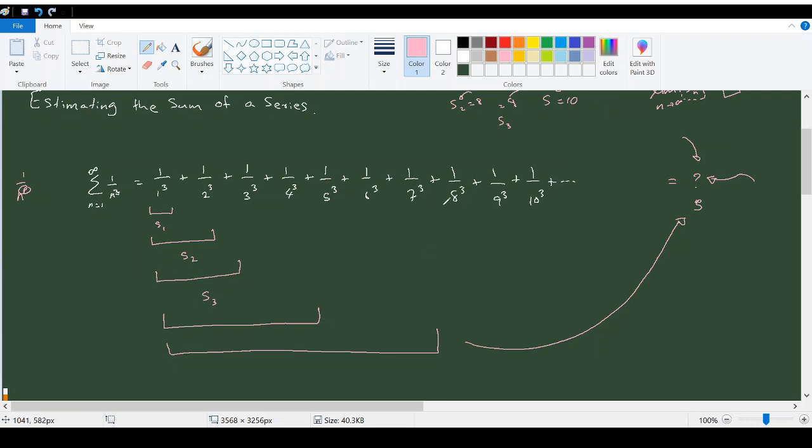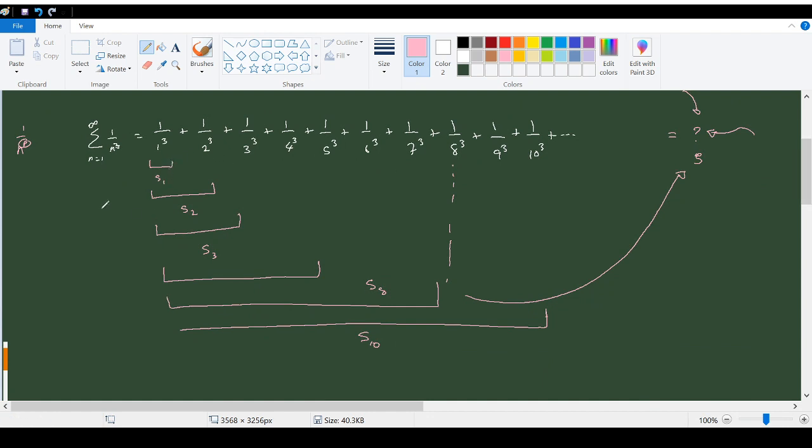So now let's say that we have added the first 10 terms, as I have written down 10 terms. That means out of S1 up to S10, S10 is the closest figure to the exact answer.